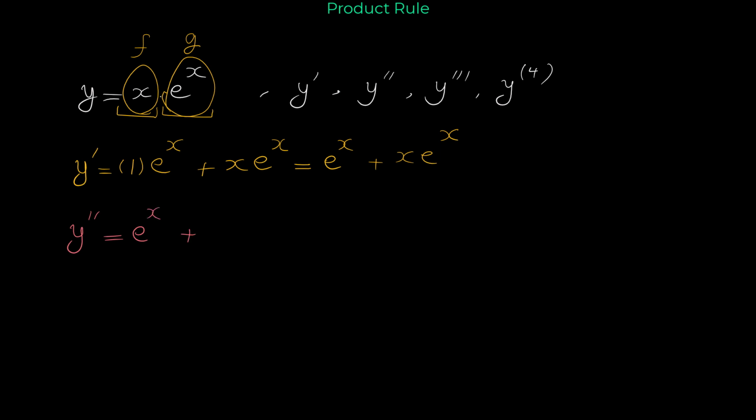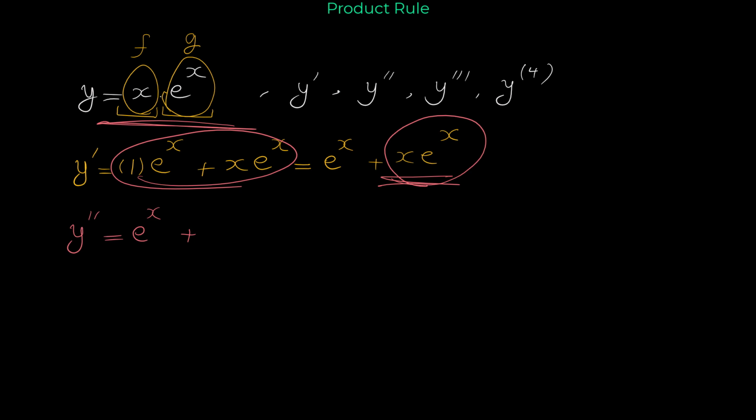For finding the derivative of this, again we have to use the product rule, because again we have something multiplied by another thing. We have two functions multiplied by each other. So for finding the derivative of this expression, we use the product rule. And attention, this expression is exactly what we had here. And so the derivative of this would be this.